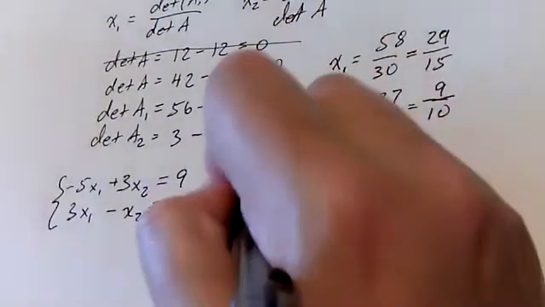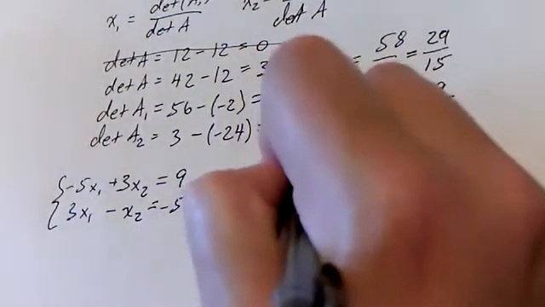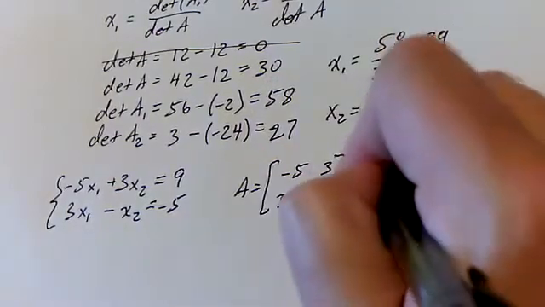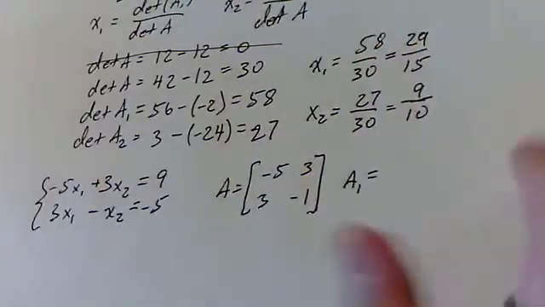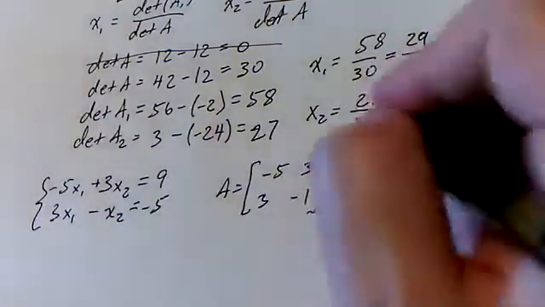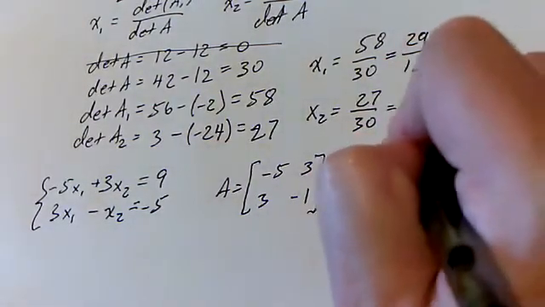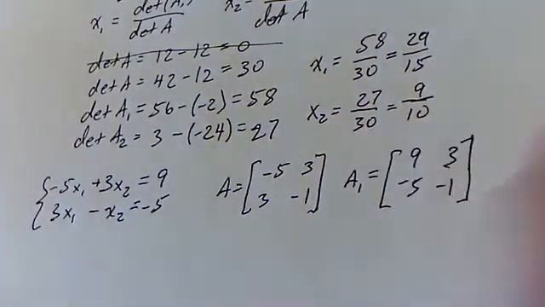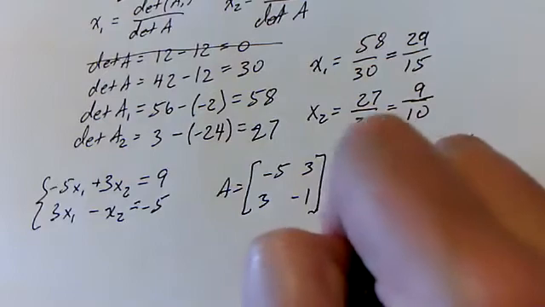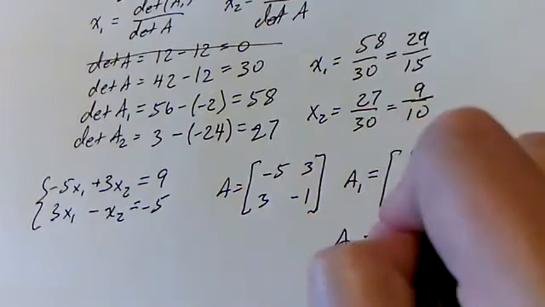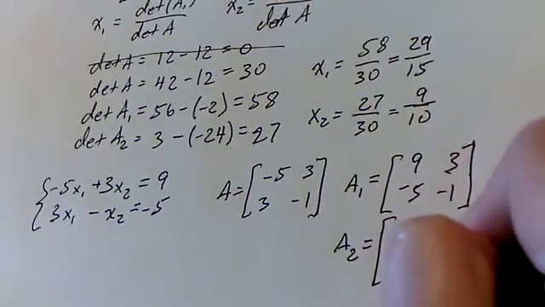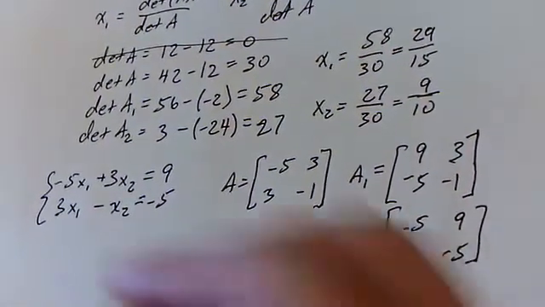So my matrix A is the coefficient matrix, negative 5, 3, 3, negative 1. For A1, again, we're going to take this 9, negative 5 and replace the first column. So A1 is 9, negative 5, 3, negative 1. And for A2, we keep the first column, so negative 5, 3, but then we replace the second column with 9, negative 5.